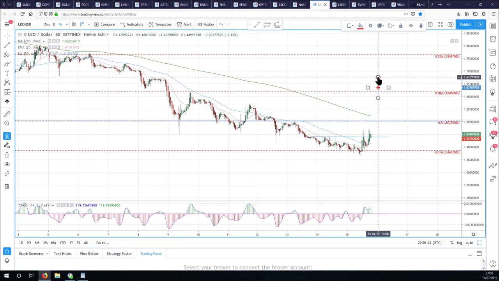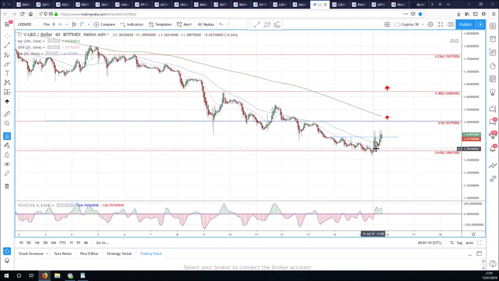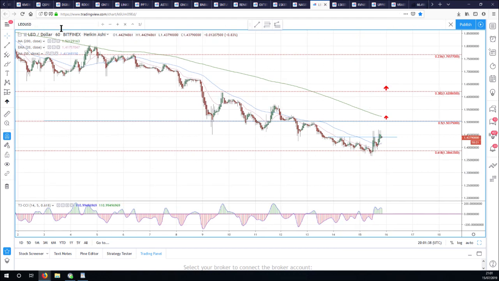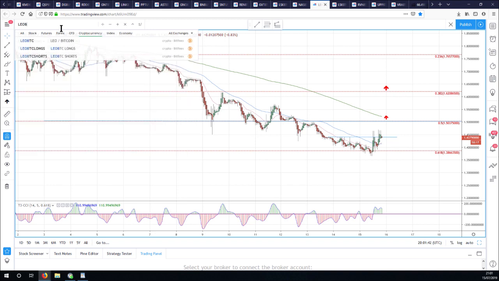So far so good, but we're only bullish above here, really. So we've got two levels to overcome. Small one here, big one here. But good signs. We've stopped going down, let's put it that way, in Leo dollar. Now Leo, let's take a quick look at Leo Bitcoin.